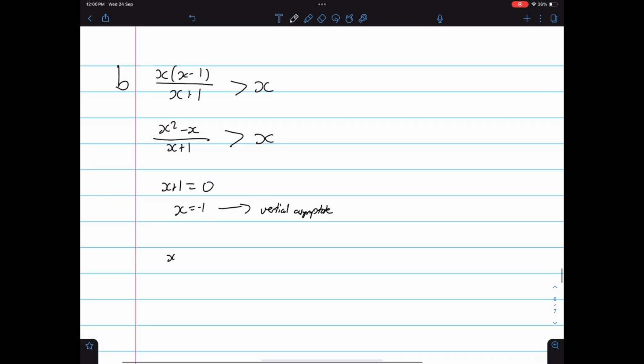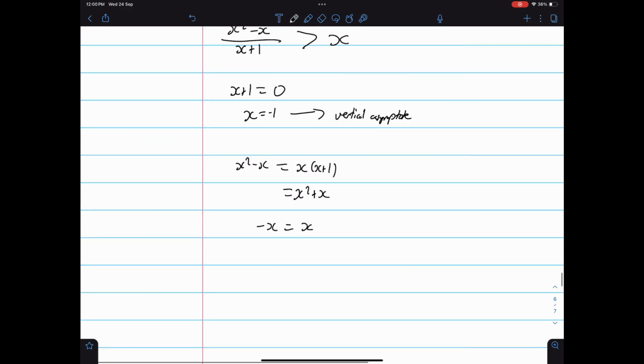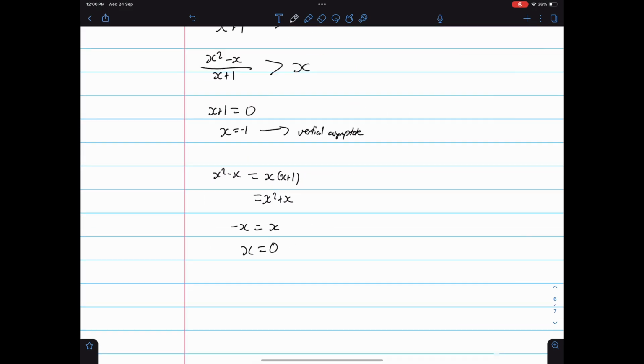Then let's say this equals x plus 1. We get minus x equals x, and the only solution for that would be x equals 0.